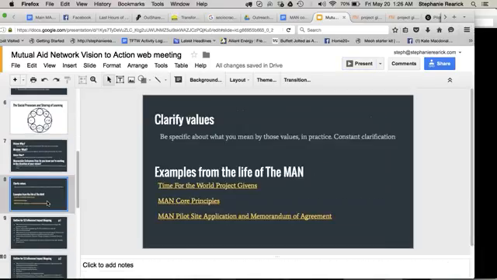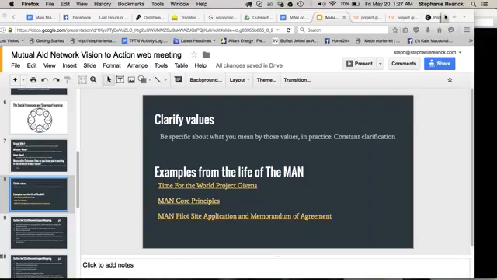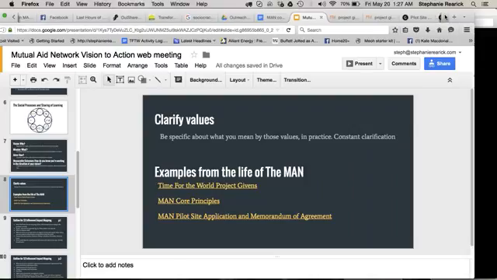So then another example: as we built into mutual aid networks, as you know, we started connecting a number of different kinds of tools and different kinds of organizational structures. And we needed a more robust set of core principles, and we're asking people to really make a commitment in mutual aid networks, becoming pilot sites, becoming members, sharing their work.